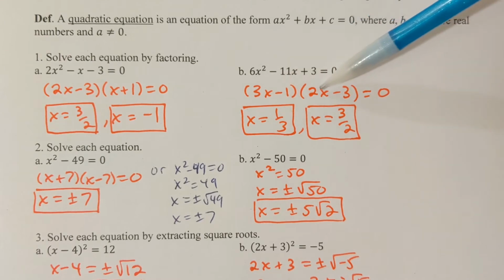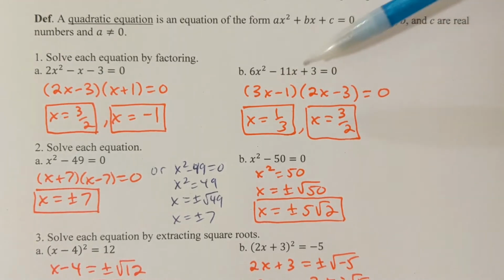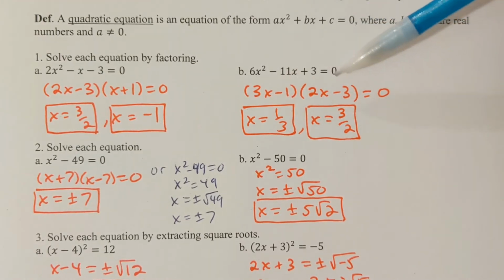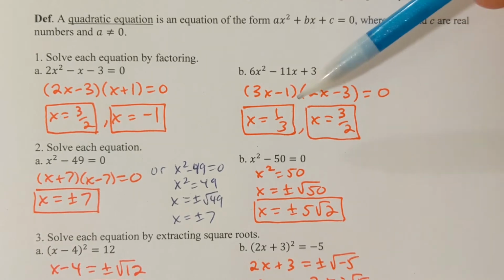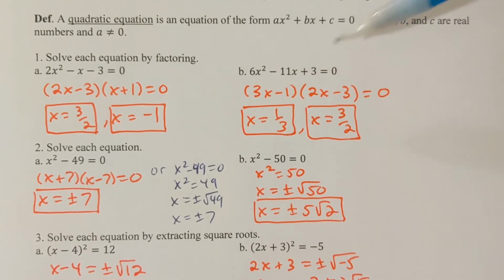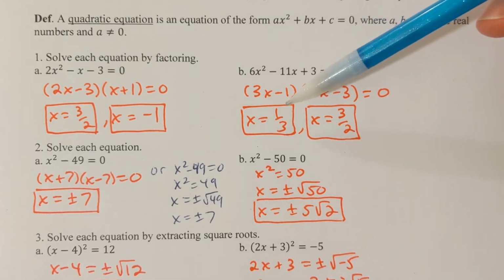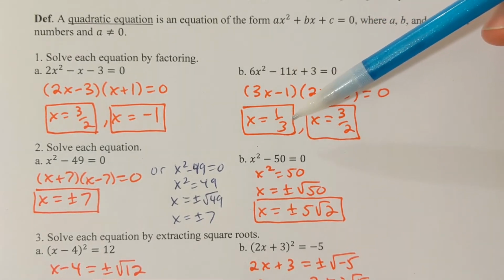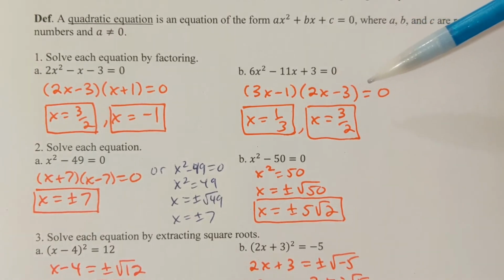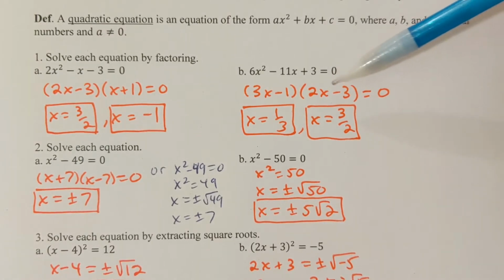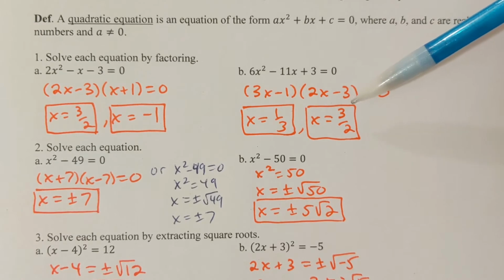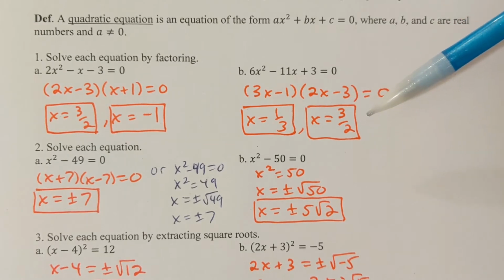Negative 9x minus 2x would be negative 11x in the middle, and then negative 1 times negative 3 is 3 at the end. Okay. Set the factors equal to 0. 3x minus 1 equals 0 means that if you add 1 and divide by 3, x would be 1/3, that'll be one answer. 2x minus 3 equals 0. If you add 3 and divide by 2, x would be equal to 3 halves, that would be the other answer. Okay.